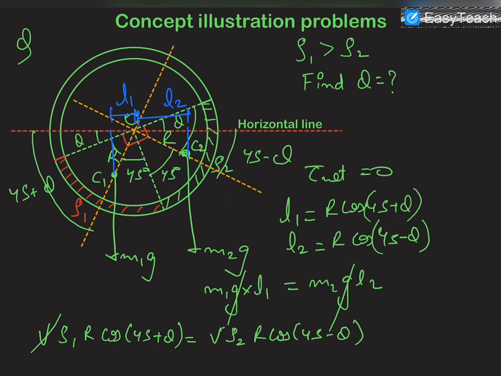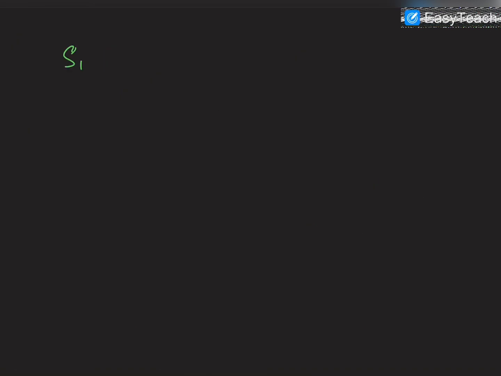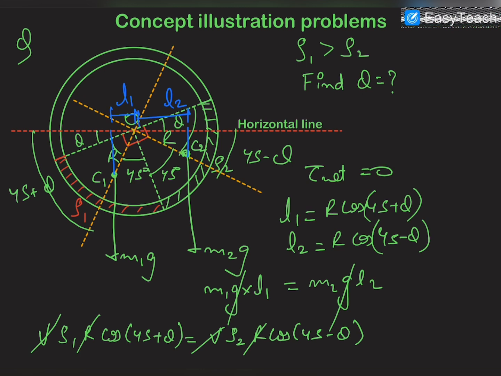Cancelling V with V and R with R, rho1 by rho2 is equal to cos(45 minus theta) upon cos(45 plus theta).